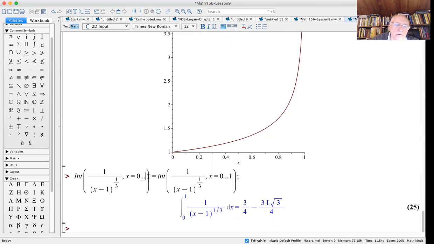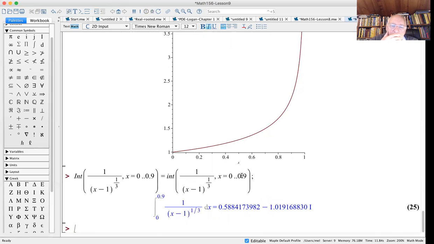Suppose I make this 0.9. Still wants to make it complex. I don't understand why Maple is acting this way. You might want to experiment with this.